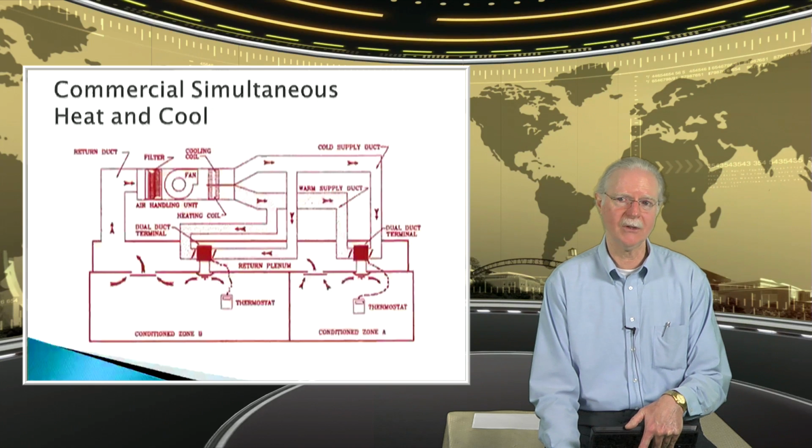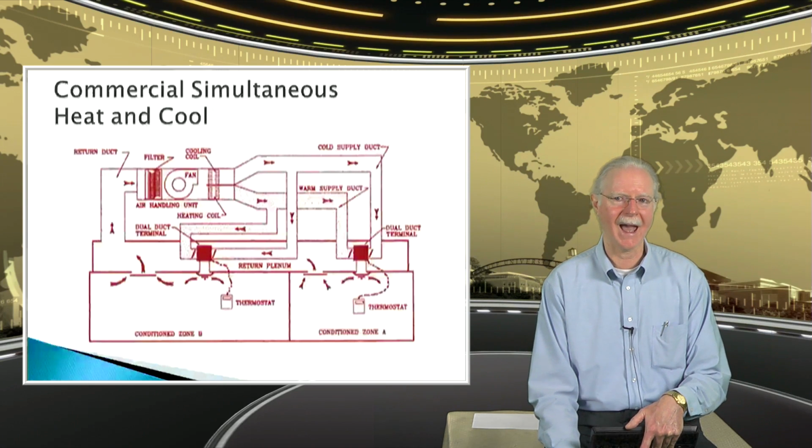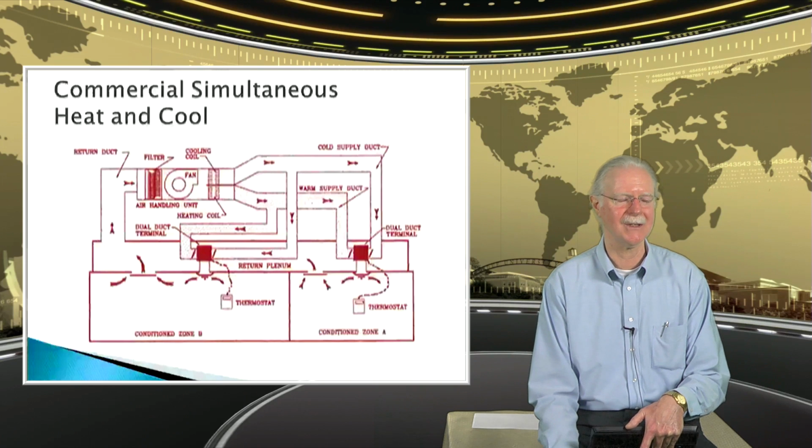What they'll actually do is they will supply heat constantly. And then they will have a system that opens up a damper and allows cool air in to cool down the space if too much heat is supplied.